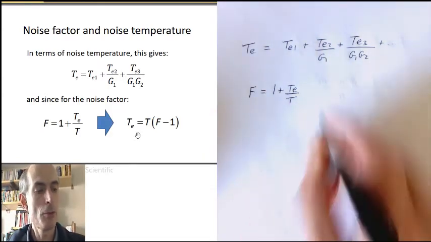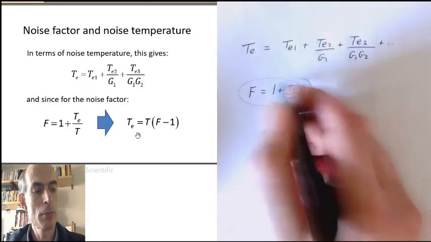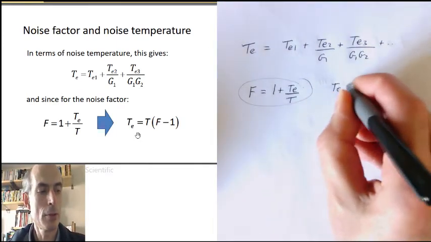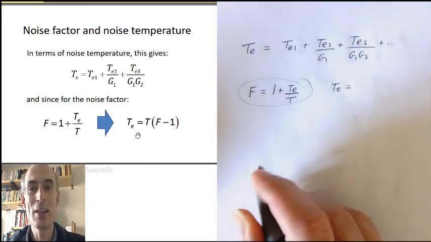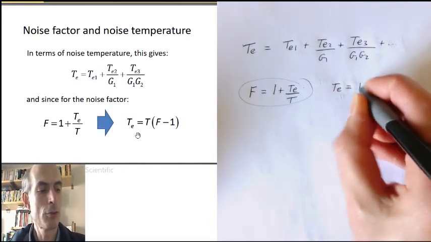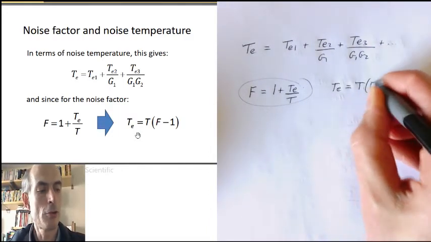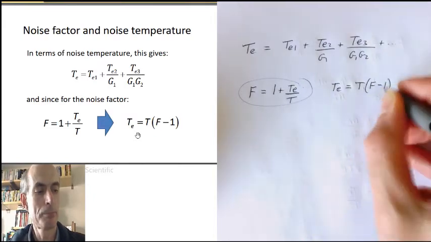First thing we need to do is just manipulate this and get the expression that the equivalent noise temperature is the system noise temperature times the noise factor minus 1.